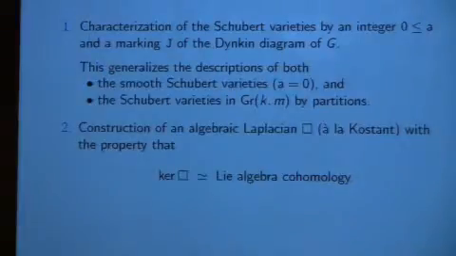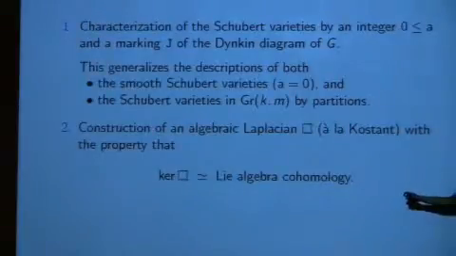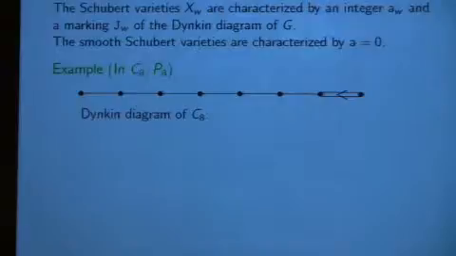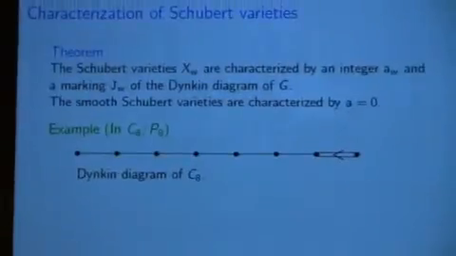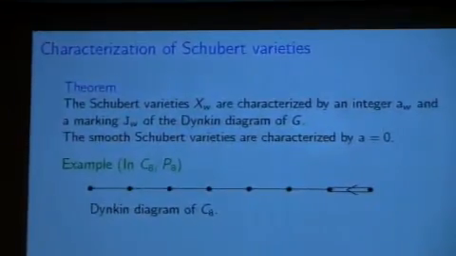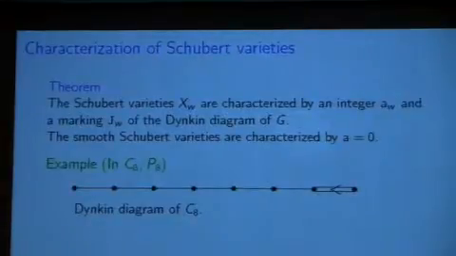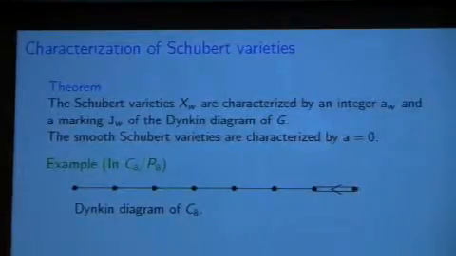He then analyzes the spectrum of that Laplacian, and that's where his Weyl group combinatorial formula comes from. So we follow his approach to find the algebraic Laplacian, again with this property, and that's enough for us to be able to get good representation theoretic information on the Lie algebra cohomology.